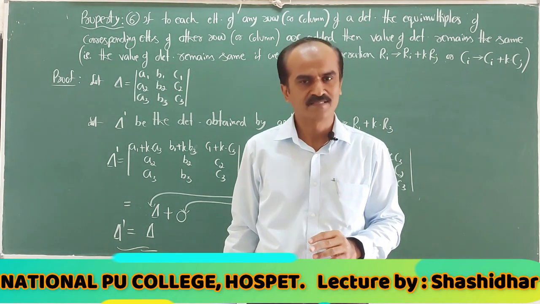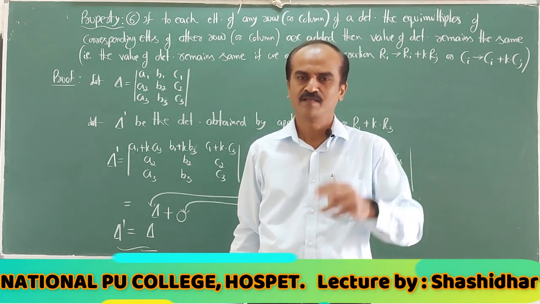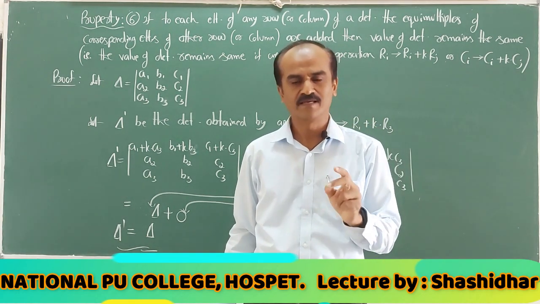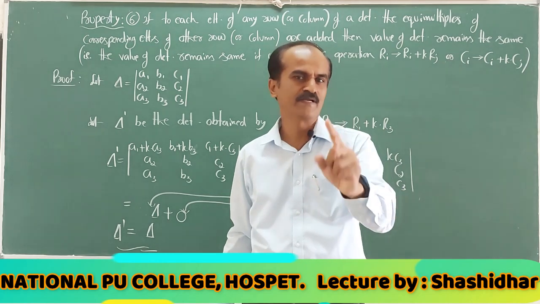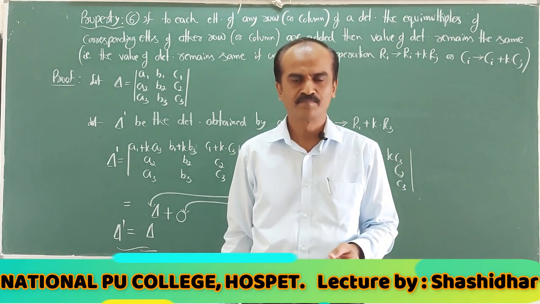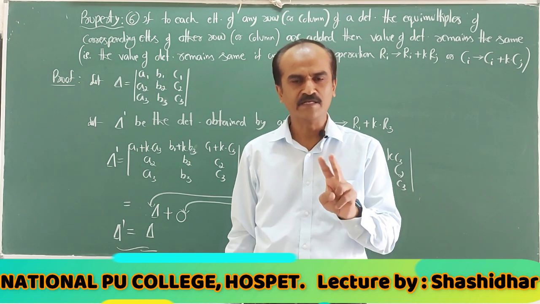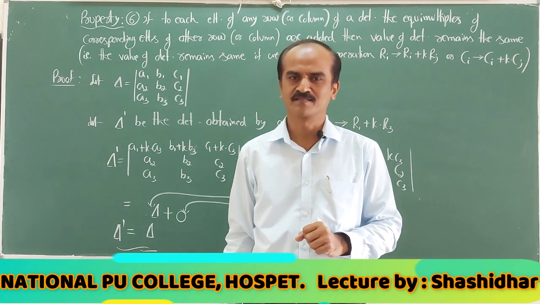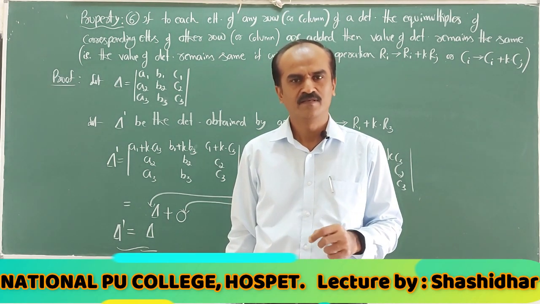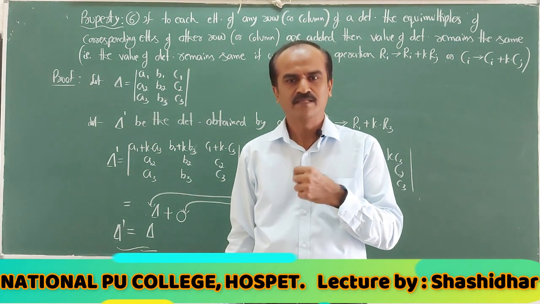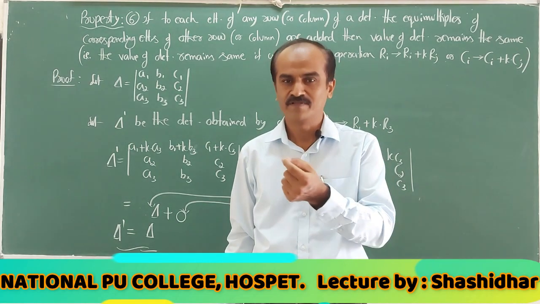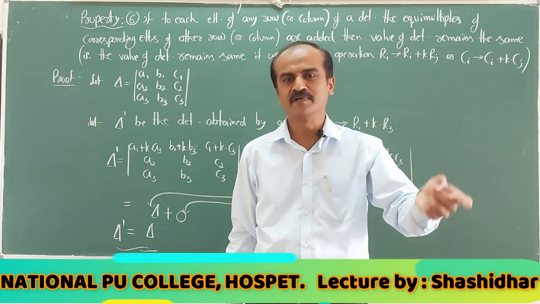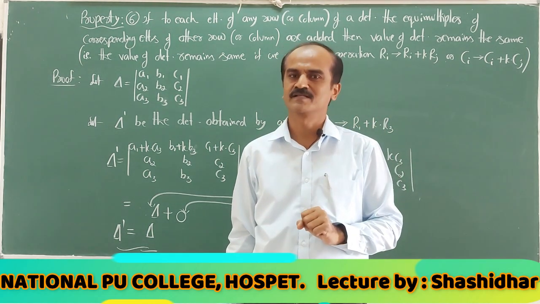Second one, in a determinant, if you are interchanging two rows or two columns, then the sign of value of determinant changes. Third one, in a determinant, if any two rows or two columns are identical, then value of determinant is 0. Fourth one, if you multiply any one row by some constant, then the value of determinant is multiplied by that constant k.